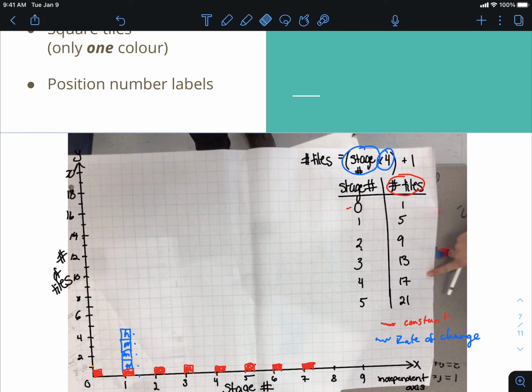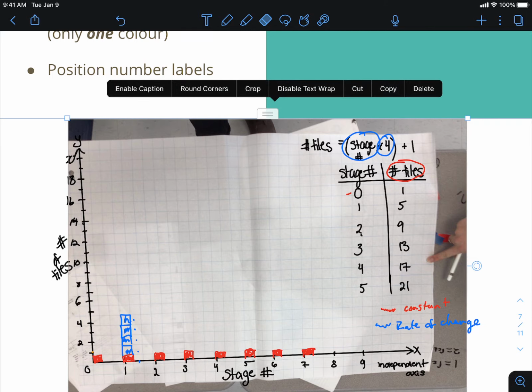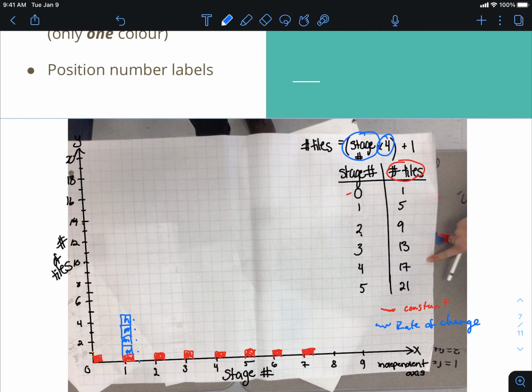Okay. Now the next one says, okay, stage 2, I'm supposed to have 8 blue tiles because I take the stage number 2 and I multiply by 4. So I'm going to have 8 blue tiles.